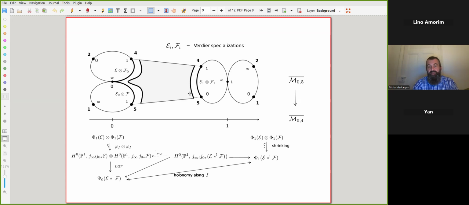So we have a family of curves over M04, which are non-singular out of 0 and 1. I think it must be clear from this picture, and I have no words. Sorry, but I think it's not clear.